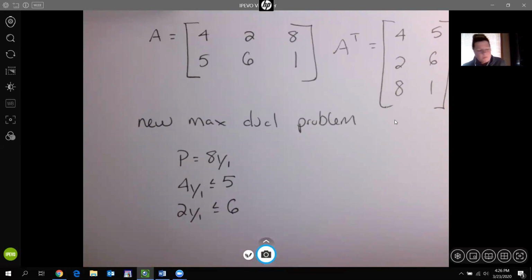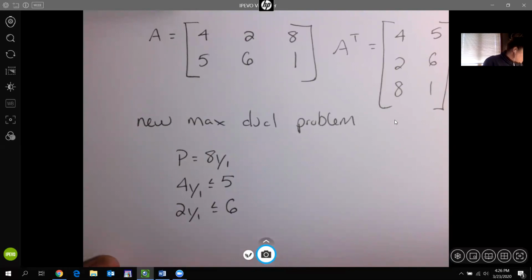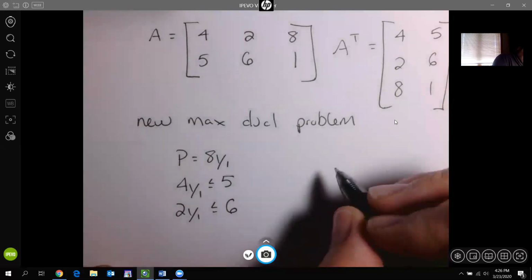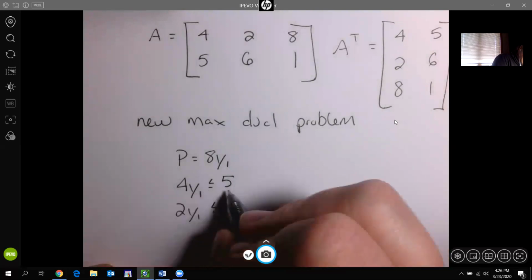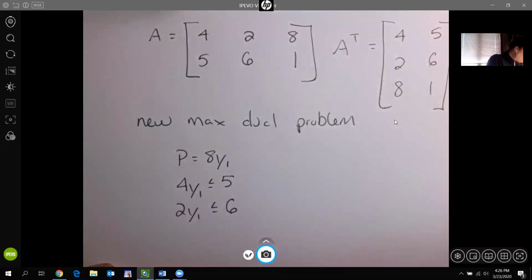And it doesn't have a lot of variables because it had one constraint. Okay, then from here, we're going to write our slack variables. So our slack will go this first line right here. Oh, and y1 has to be greater than 0.